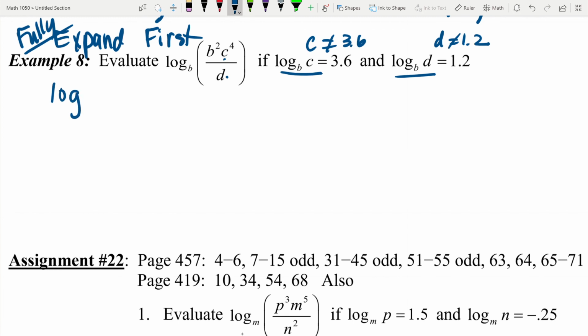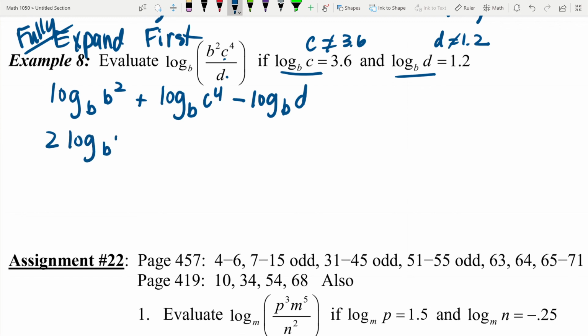So everybody go log base B of B squared plus log base B of C to the 4th minus log base B of D. If you stop on your expansion right here, you're going to miss it. This is not fully expanded. What do? Exponents, right? So now you have 2 times log base B of B plus 4 times log base B of C minus log base B of D.